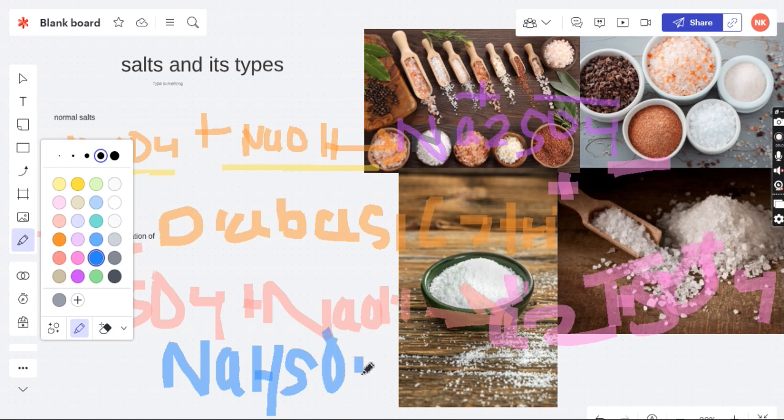You can see here the H ion is present. One cation, Na+, and an anion, HSO4-, which means it's a salt. But due to the presence of the H ion in it, it's an acidic salt.